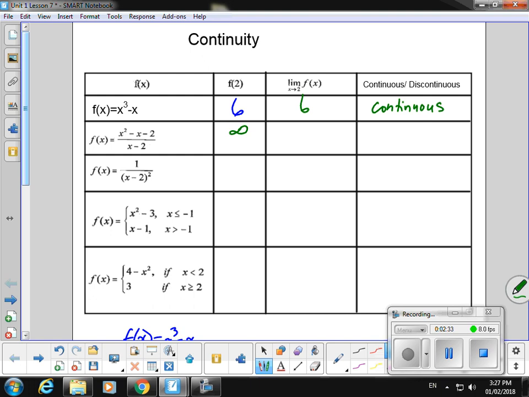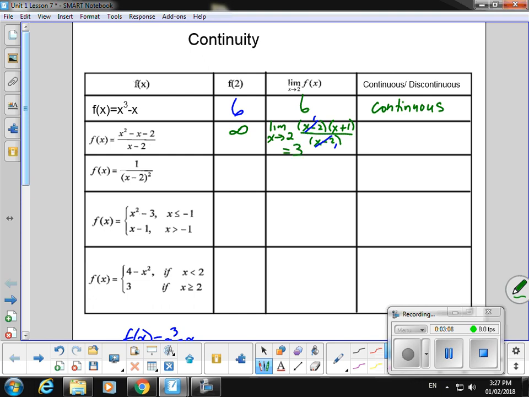If I do the limit as x approaches 2 of my function, I can use my factoring strategy to say that I have (x minus 2)(x plus 1), a simple trinomial, over x minus 2. I was suspicious with the x minus 2, that's why I went ahead and factored it. I can get rid of the indeterminate 0 over 0 problem, and then I can do a substitution and I get a value of 3.